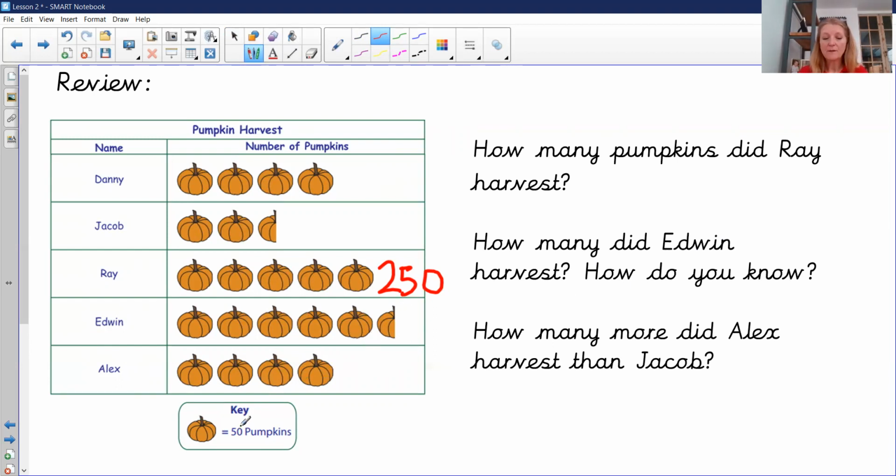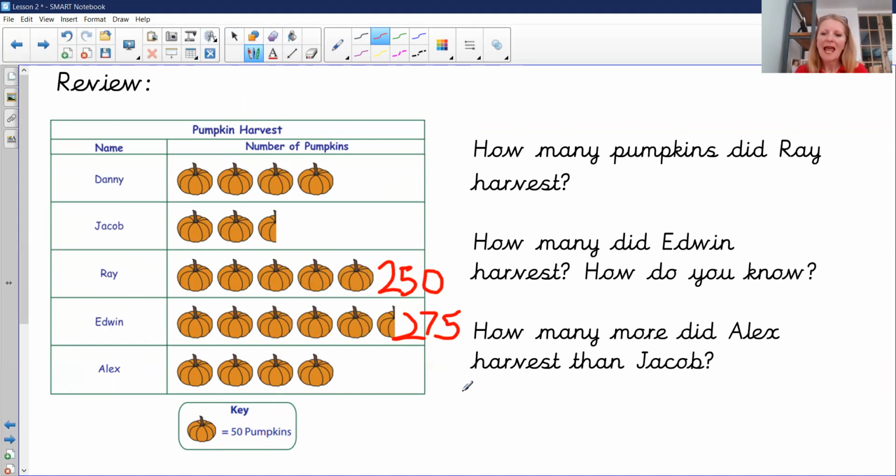Half of 50 would be 25. So Edwin has just got half more than what Ray had. So actually we could use what Ray already worked out, which was 250, and just add on another 25. So Edwin would have harvested 275.